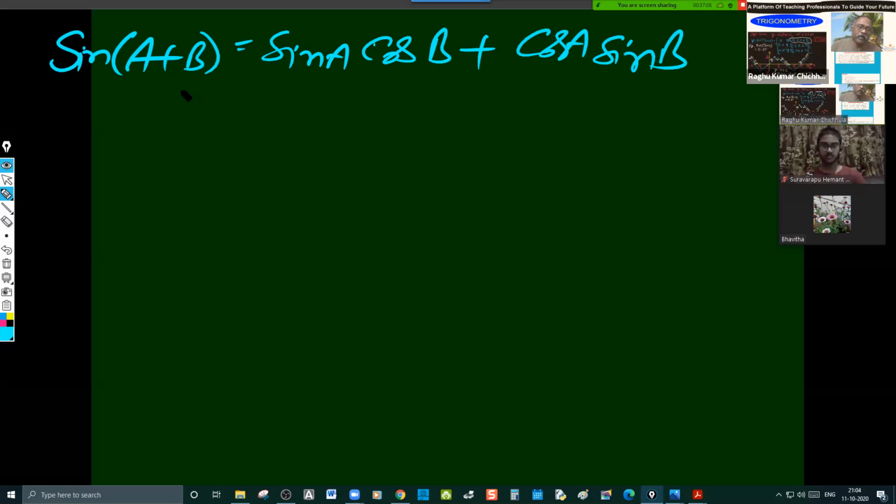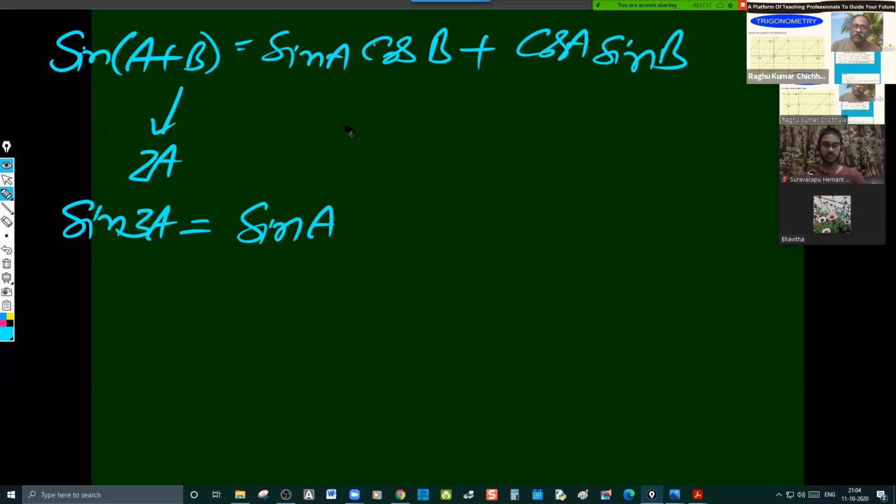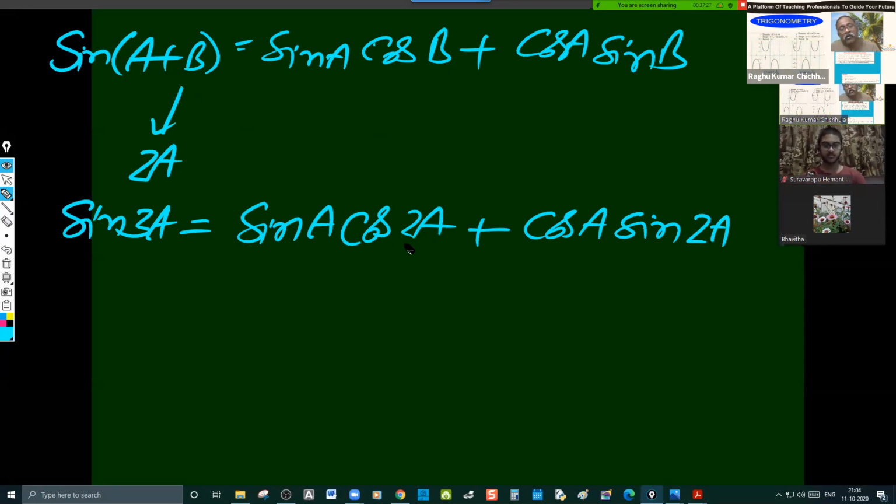So replace b with 2a. Then sine of a plus a becomes sine 3a. Then sine a cos 2a plus cos a sine 2a.